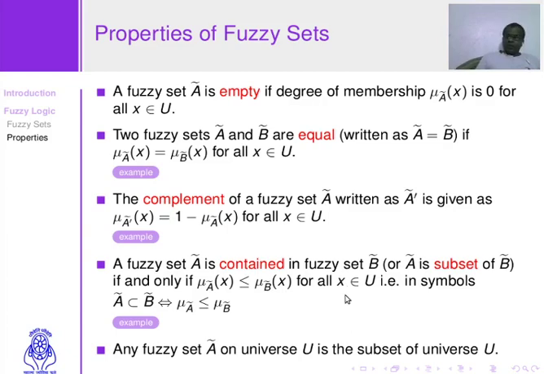Okay. Symbolically, we write it like this: fuzzy set A is a subset of fuzzy set B, or in a different kind of notation, we write that membership function for fuzzy set A is less than or equal to the membership function for fuzzy set B.